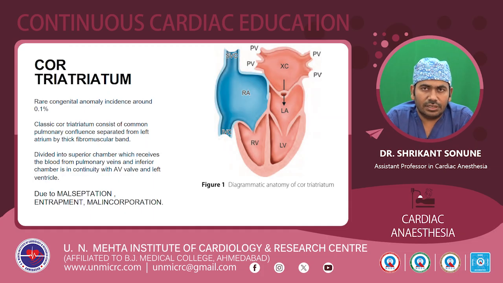confluence. It is because of this fibromuscular band that the atrium is divided into two halves, the superior chamber and the inferior chamber. The superior chamber receives the blood from the pulmonary veins, and the inferior chamber is in continuity with the aortic valve as well as the left ventricle.